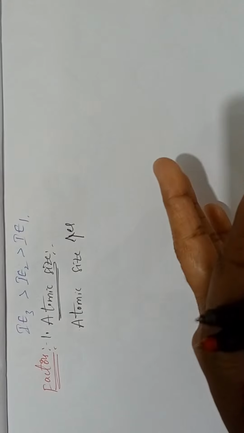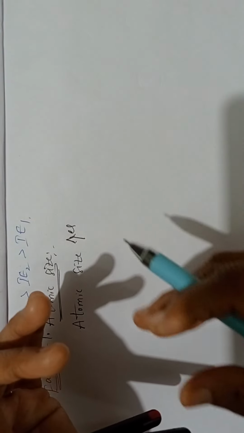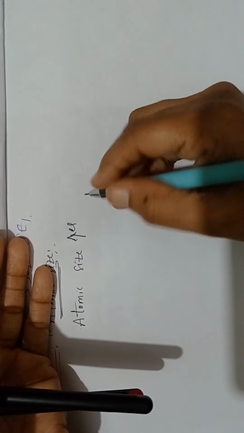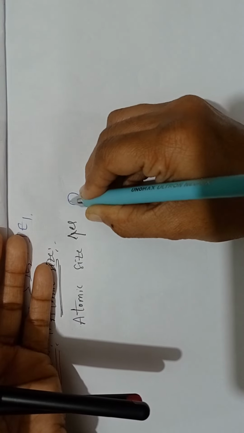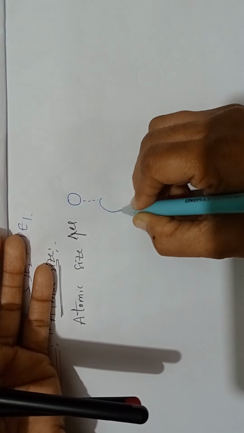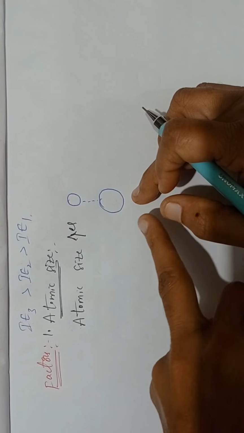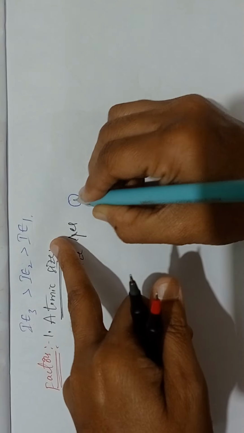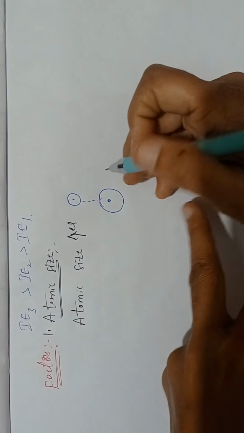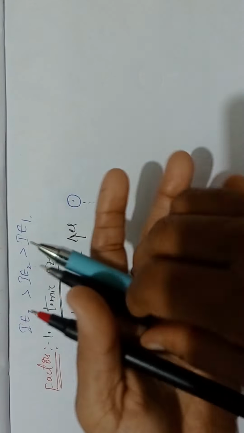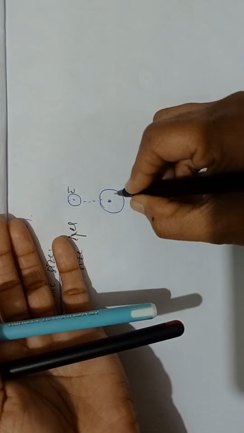Small to big. Suppose this is a small size and this is the big one. As the atomic size increases, what will happen, students? This is the nucleus. Suppose here an electron is present, here an electron is there.